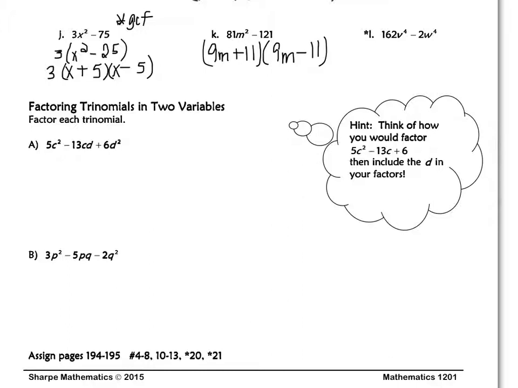So if you again check for your GCF first, you can take a 2 outside, and you'd be left with 81b to the 4 minus w to the 4. And that binomial left inside would now be a difference of two perfect squares. So you can go one step further and write that as 9b squared and w squared.